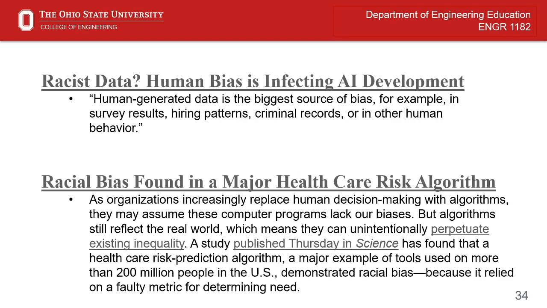And I think within just a few days, it had to be taken down because I don't know if people were messing with it or if it was just seeing what's naturally out there. But it started spitting out some really racist and troubling messages, and so they had to take it down really quickly. But more damaging, they've found racial bias in major healthcare algorithms that have affected millions of people.